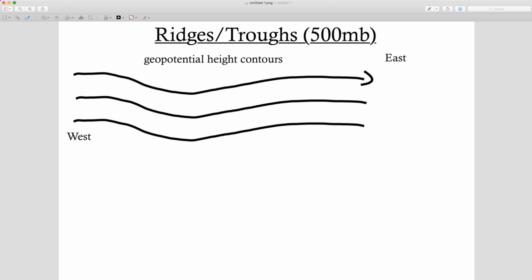So the winds will be blowing from the west to the east in this case. You need to visualize the wind doing something like this in between these geopotential height contours. Whenever you see geopotential height contours, like we just saw on this map, you need to visualize the wind doing like this.